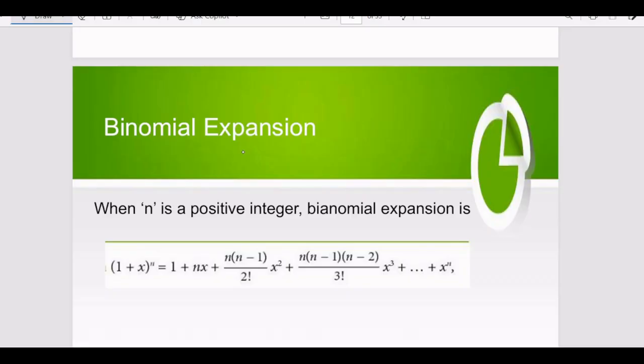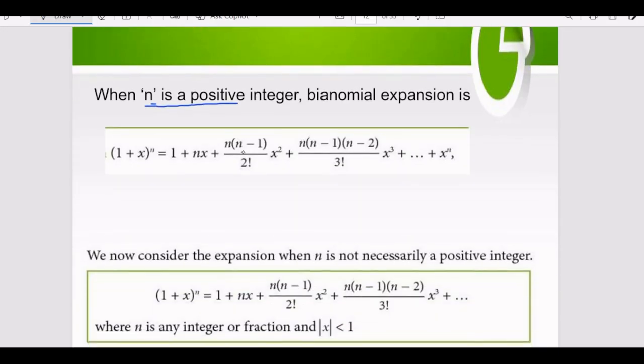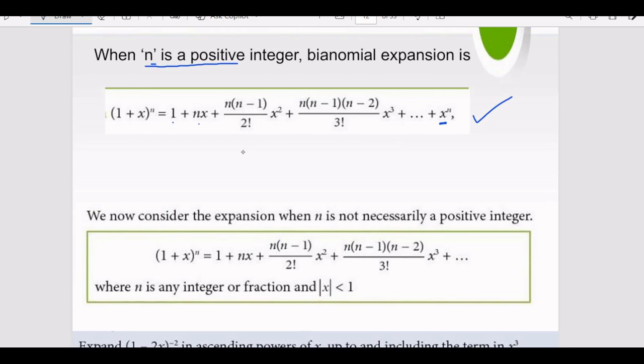Now let's learn about binomial expansion, as you will get questions of partial fractions and binomial expansion together. In AS level, you learnt that when n is a positive integer, the binomial expansion of 1 plus x to the power n is 1 plus nx, plus n into n minus 1 over 2 factorial x squared, and so on till x to the power n. Now in A2 level, you need to know more when n is not a positive integer.